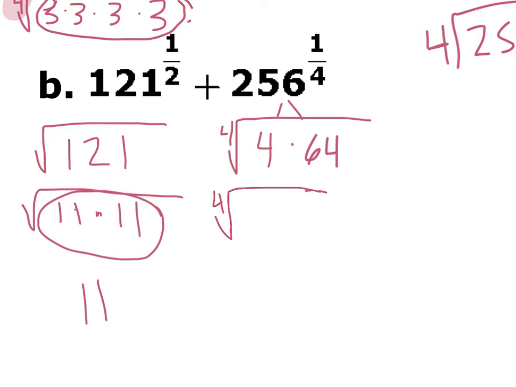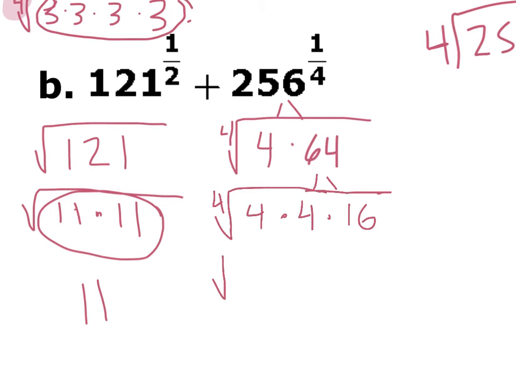We can break down 4 if we want, but let's just leave it for now and see what we come up with. What are 2 factors of 64? 4 and? Why not 8 and 8? 8 and 8 works. What about 4 and 16?